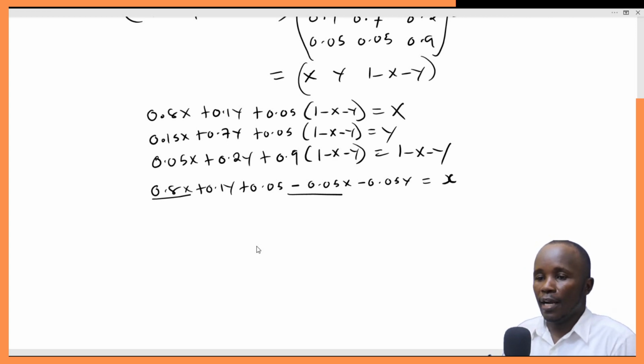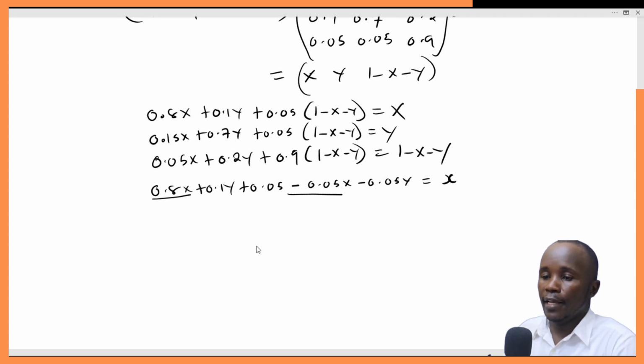So we shall have, let me use my calculator again. Here we have 0.8 minus 0.05. I get 0.75, isn't it?